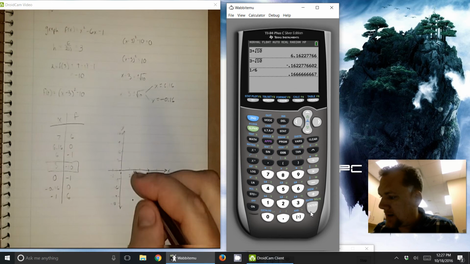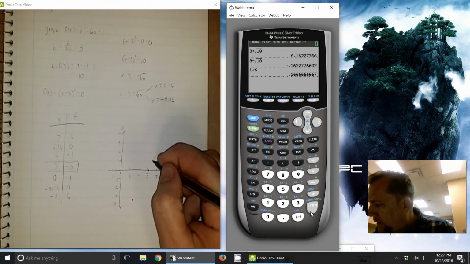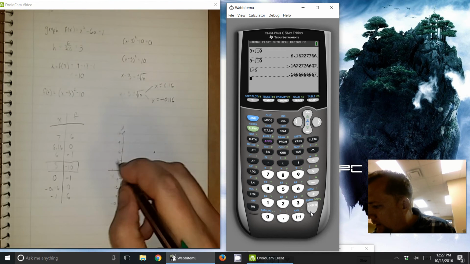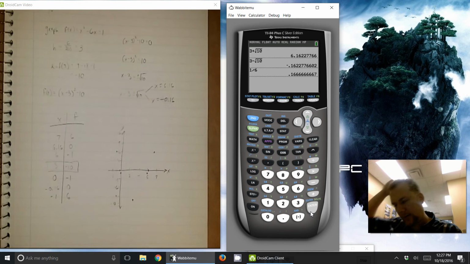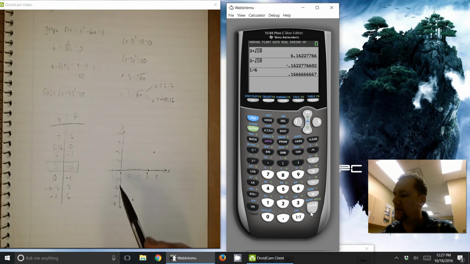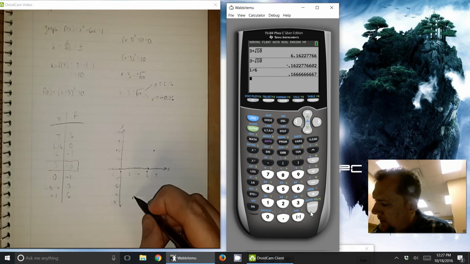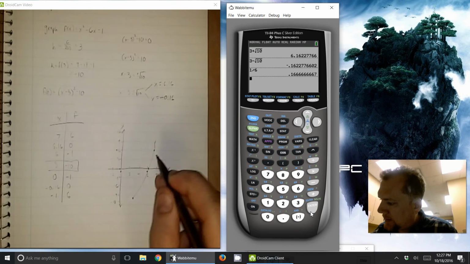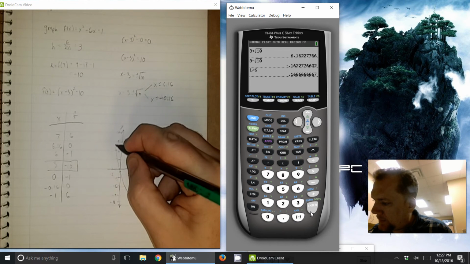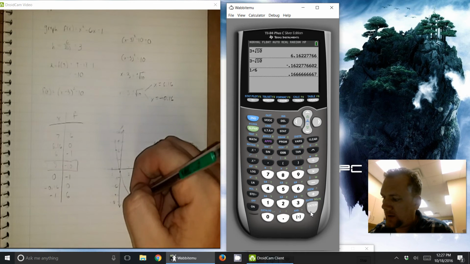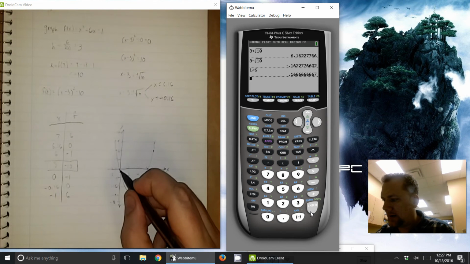And then 6, 7, 6. So here's 7, we go up 6. And then negative 1, 6. Alright, so I'm going to try to choose it so that this doesn't happen, but it did in this case. If I had made my vertex closer to the y-axis, it makes it less likely that this is going to happen.